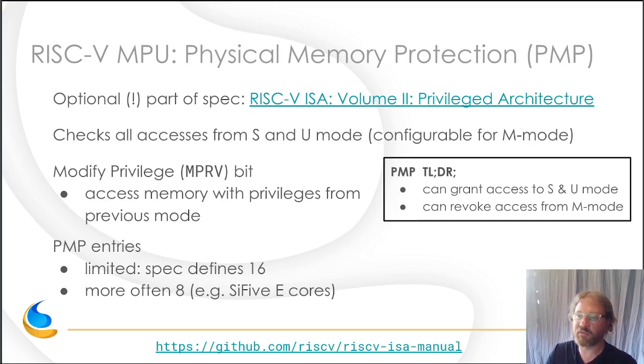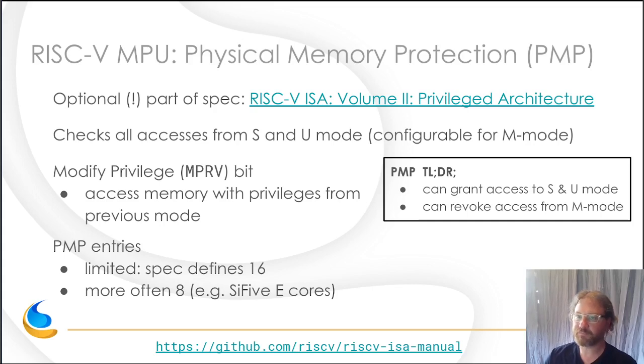There's a second volume of the RISC-V spec that defines the privileged architecture, where this is discussed. But this is an optional part, so of course it's required to do protected memory, but it may not be available on the RISC-V core you have. So that's the first thing to check, actually, if you want to see if this work is relevant to your RISC-V design.